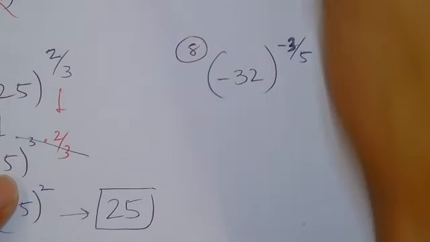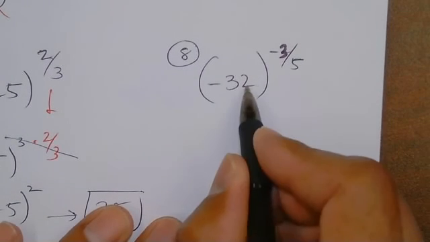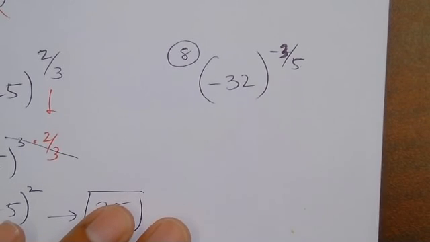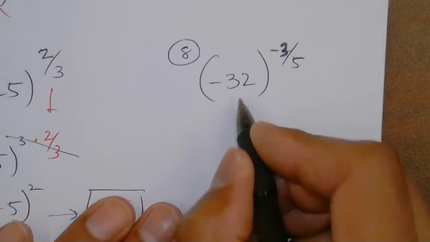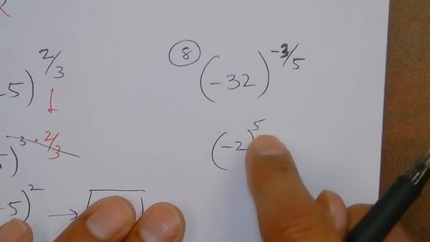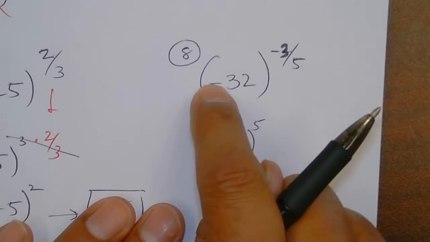Sorry, let me change this one to a negative 3/5. Okay, last one. What if they both have negative? Does anybody know what number raised to the power of 5 is 32? It's going to be 2, but it's going to be a negative, right? Negative 2 works? Yeah.